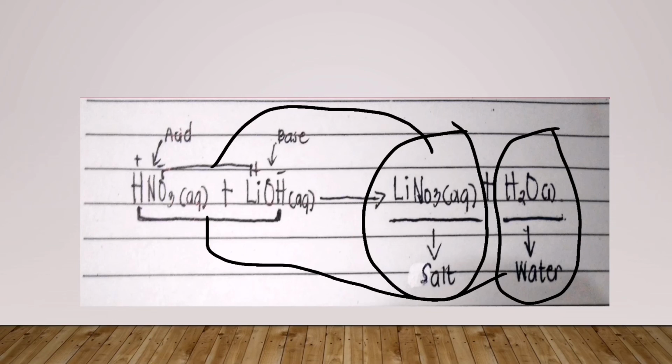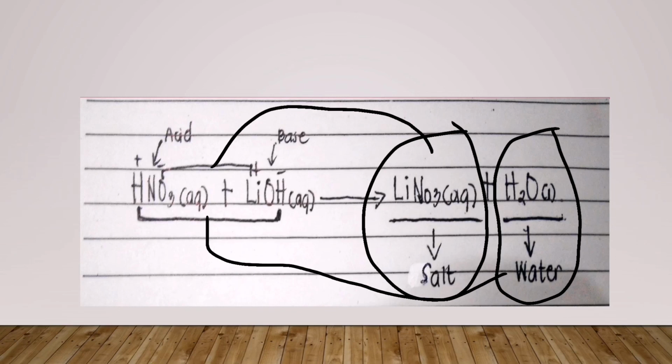And then to balance the chemical equation of these reactants and products, just look at the chemical formula here from the reactants. Let's start first with the oxygen. We have 4 oxygen, 3 from the acid and 1 from the base. We have it here, the 3 oxygen in the salt, and 1 oxygen in the water.